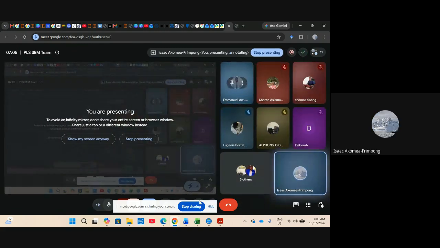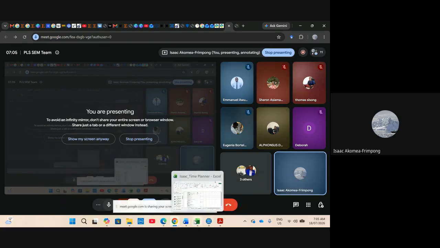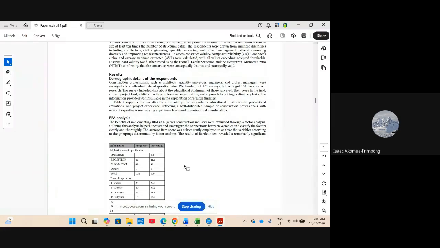Okay. So if your study is in such a way that you don't have the factors already categorized, you have not categorized your factors, you don't even know what the factors are, or you don't know which group, which component your factors will come under, because the names of the factors will form what we call the latent construct. And then the factors that will go under each of the latent constructs will be called the indicators, or the measured items.